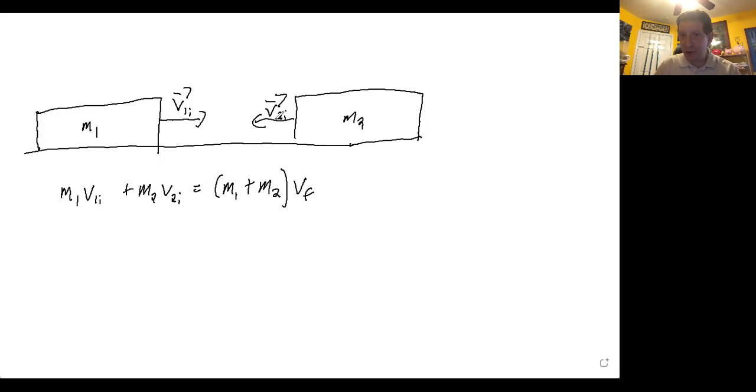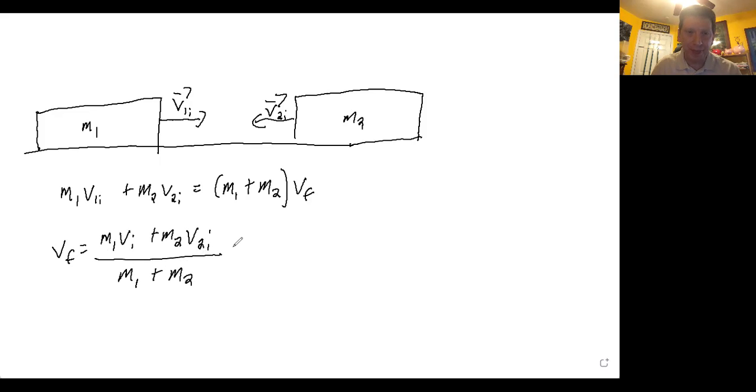Since M2 is moving to the left, its initial velocity is negative. We want to solve this for VF, so we'll do that algebraically first and then plug in the numbers. VF is equal to M1 V1I plus M2 V2I, divided by M1 plus M2.